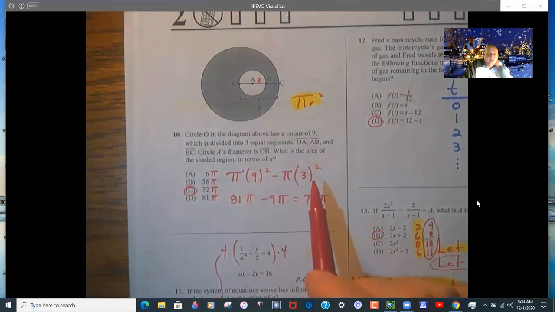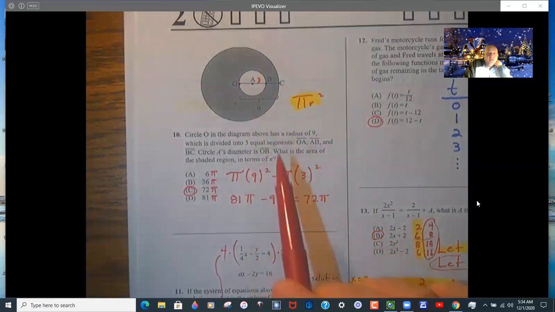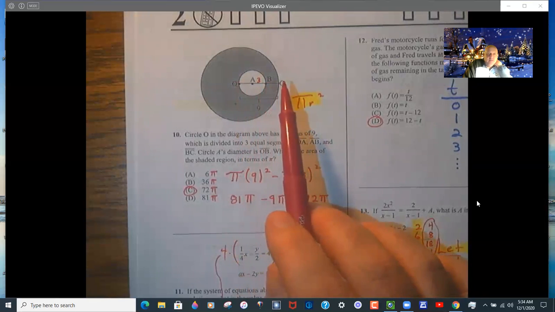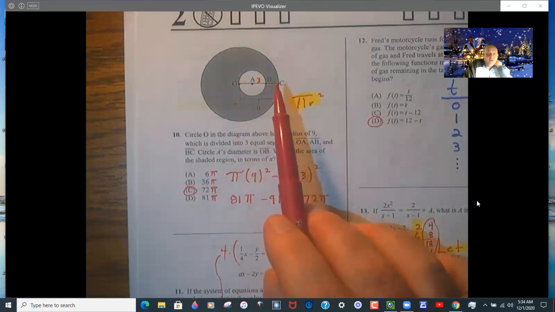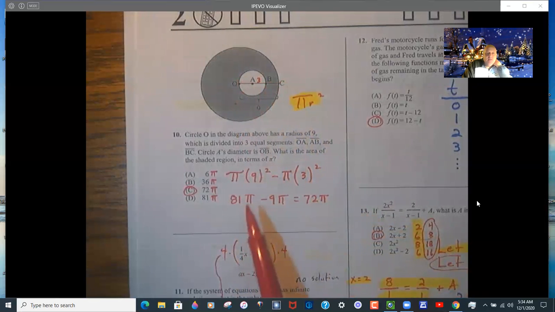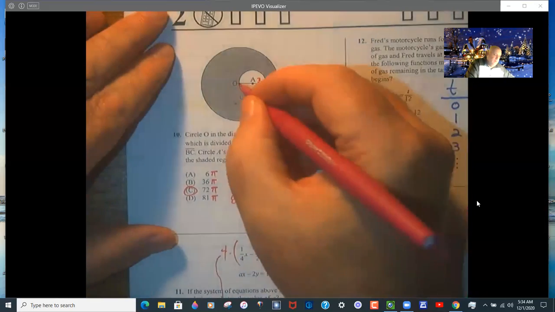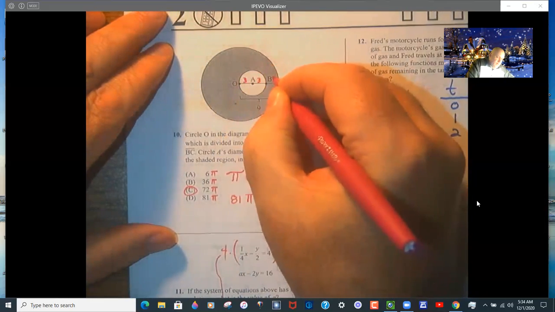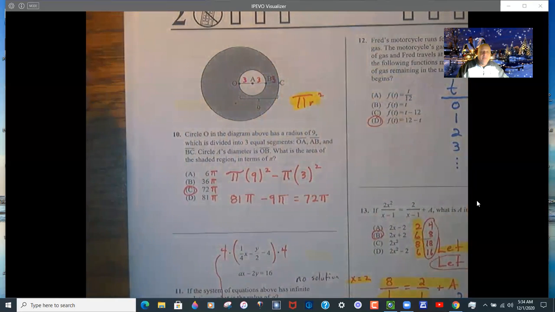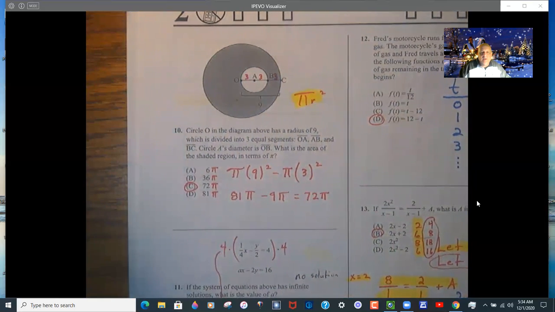So pi r squared, r is 3. And then the total area, so if we added all this up, would be 81 pi, because the radius of that big circle is 9. So each of these is a 3 here. So you subtract the 2 because that's just like a little circle that's cut out there.